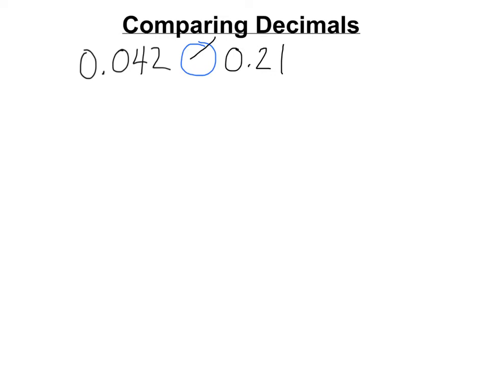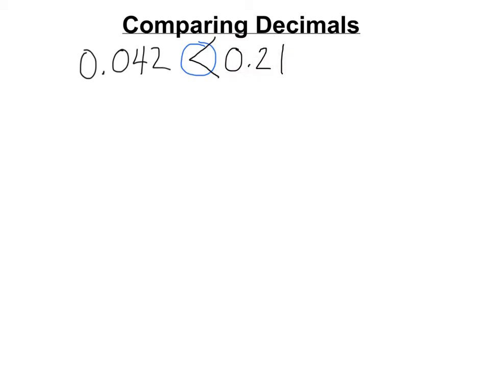And so, the alligator or the Pac-Man or whatever you want to call it or think about it as is going to eat this larger number. So 0.042 is less than 0.21.